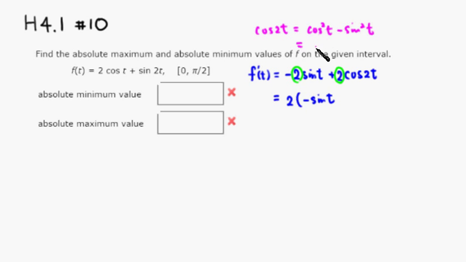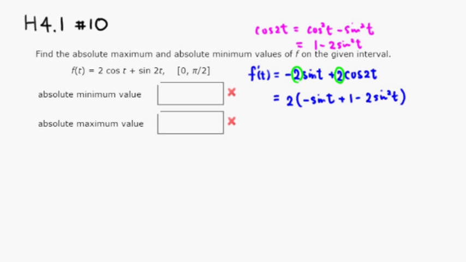Cosine squared is 1 minus sine squared, so it's 1 minus 2 sine squared of t. So this is going to be plus 1 minus 2 sine squared of t.